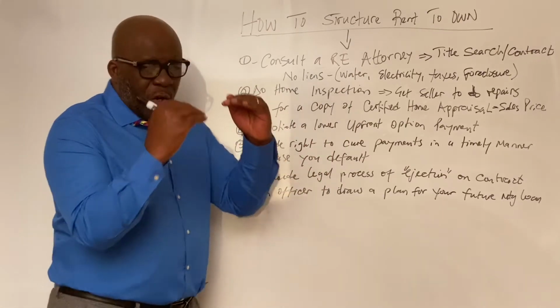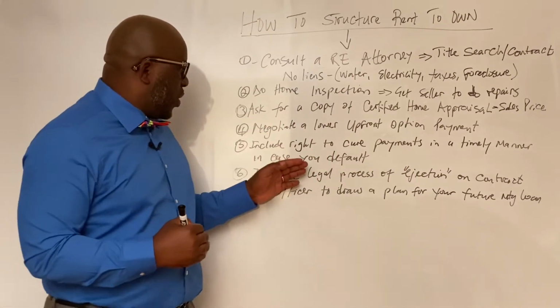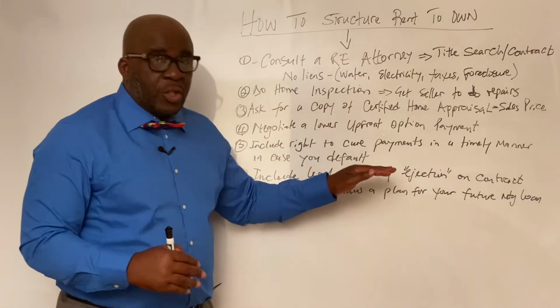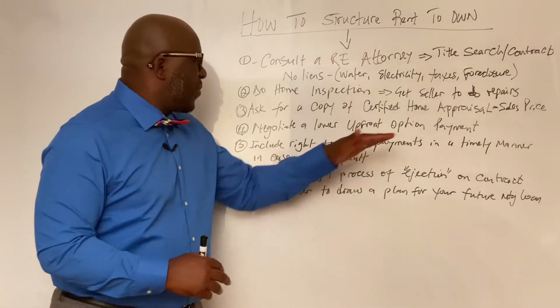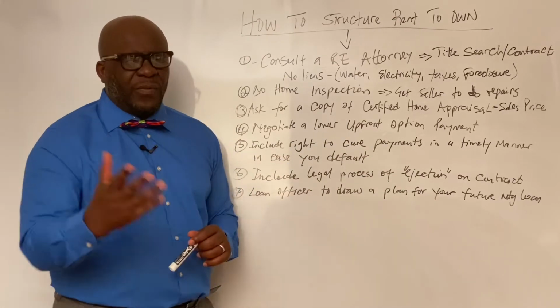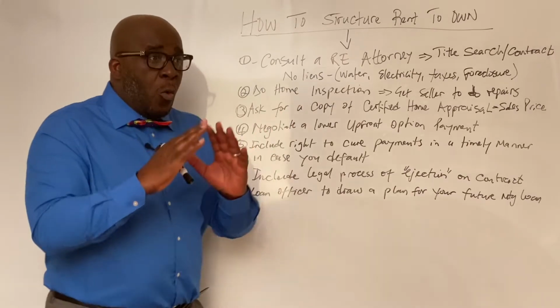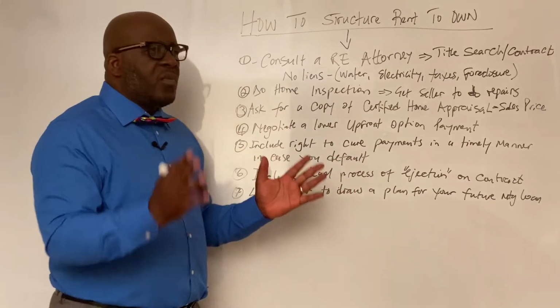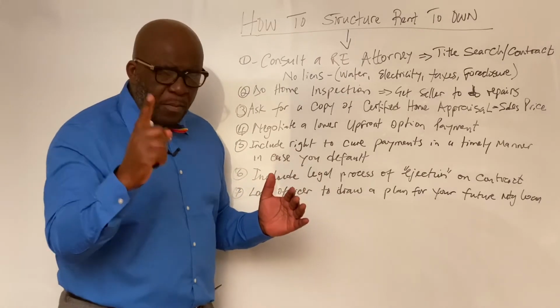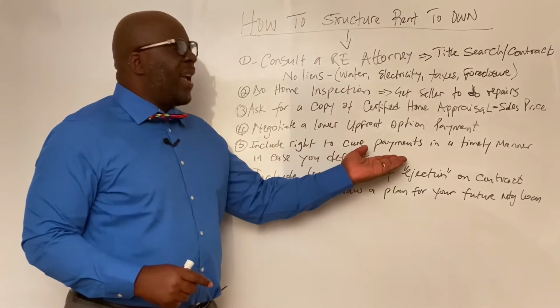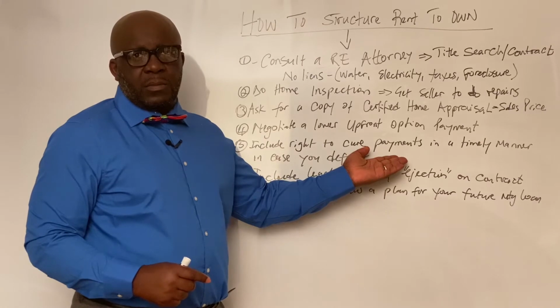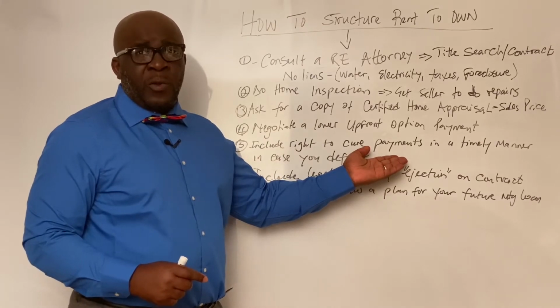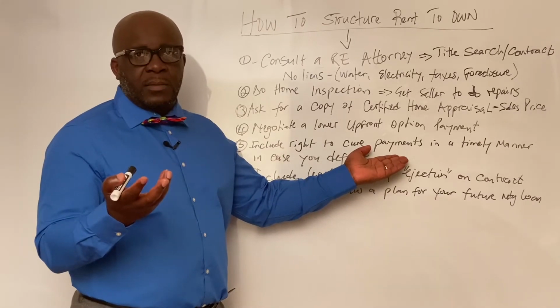Number five, make sure on the contract you include your right to cure the payments in a timely manner in case you default. Because what most landlords do in a rent to own, when you default one month, they will go ahead and kick you out, depriving you of your right as a tenant.